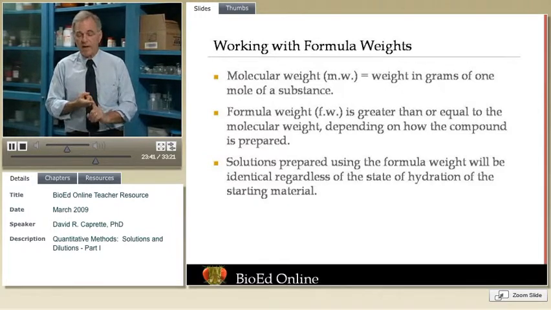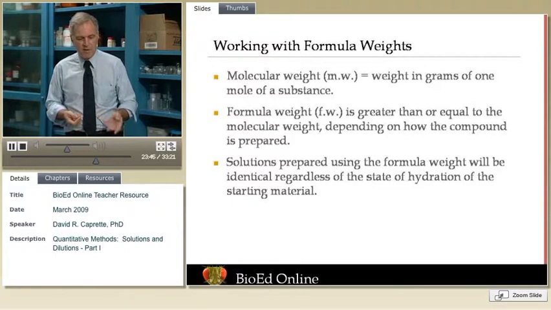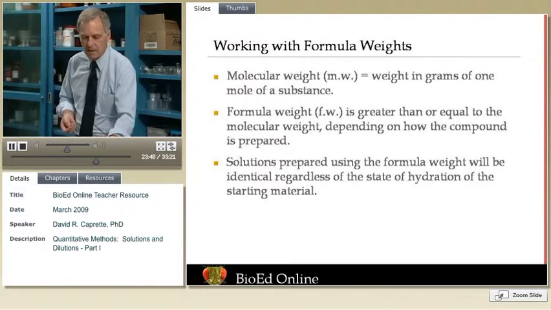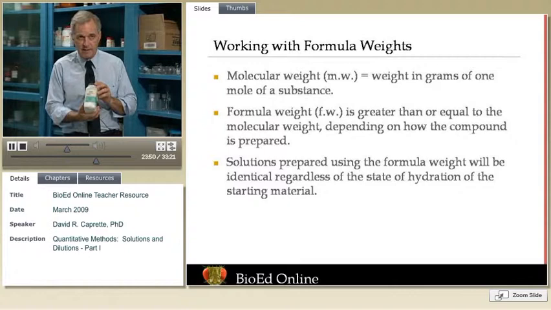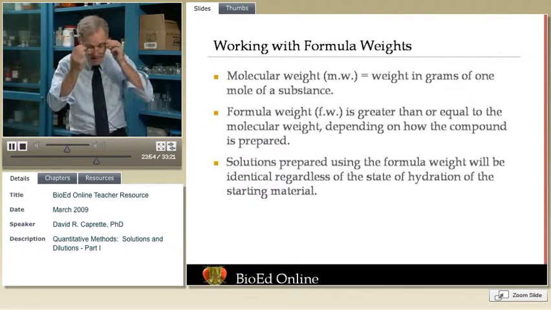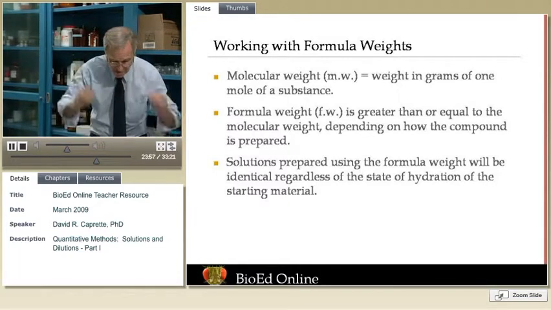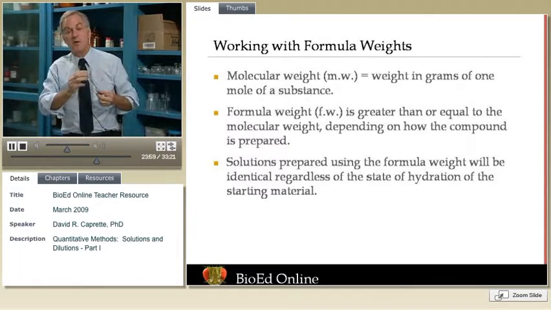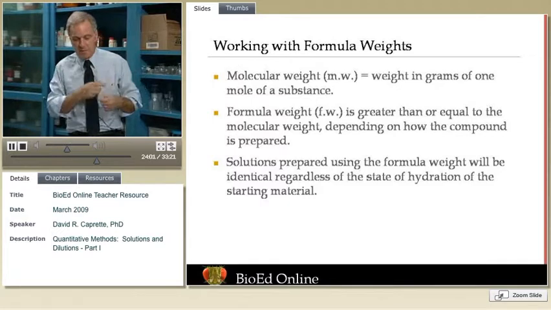But the formula weight for calcium chloride can vary depending on state of hydration. The formula weight, for example, for calcium chloride dihydrate is 147 grams per mole. And, pardon me, I have to read this one. The formula weight for calcium chloride hexahydrate is 219.1 grams per mole.